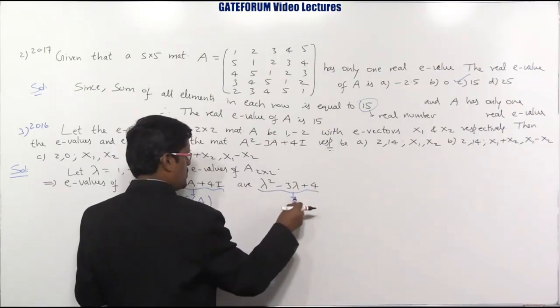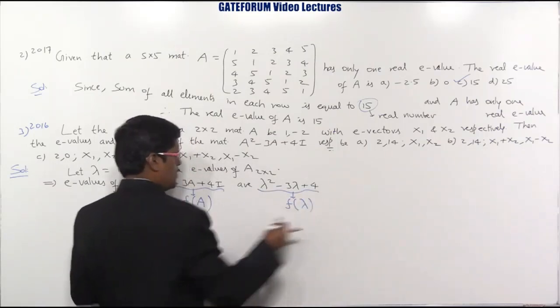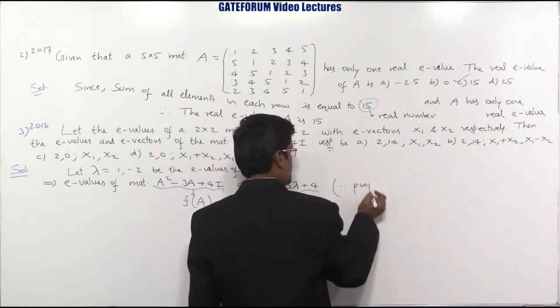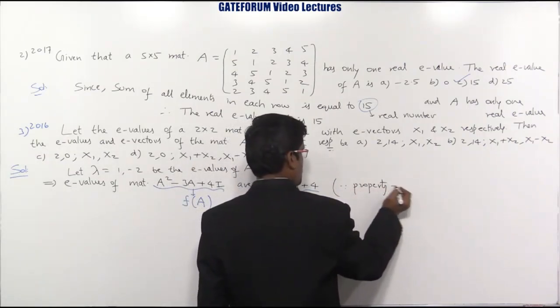That means this is f of lambda, since property 5.